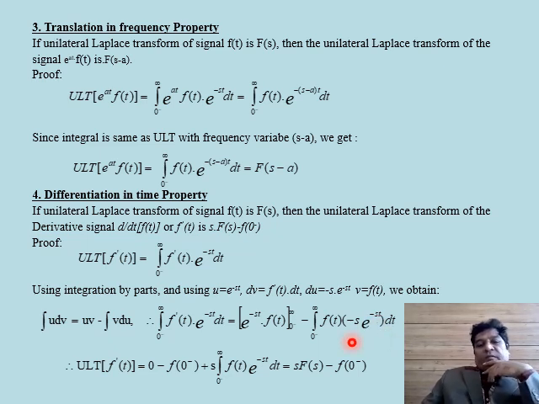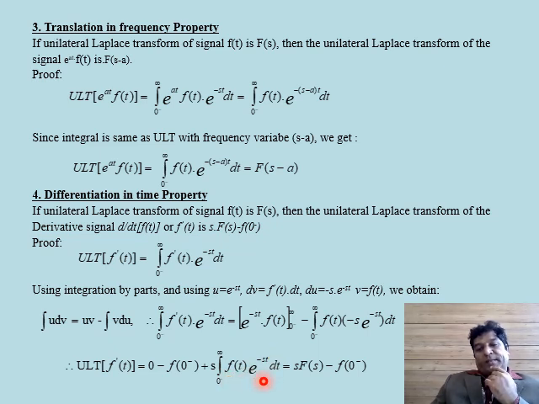Now we can see in this first term, if you substitute infinity, you will get 0, and then if you substitute 0 minus, you will get minus f of 0 minus, because it is the lower limit. And here minus of minus becomes plus, and we take s outside the integral, plus s, and then you are left with the integral f of t into e power minus st dt.